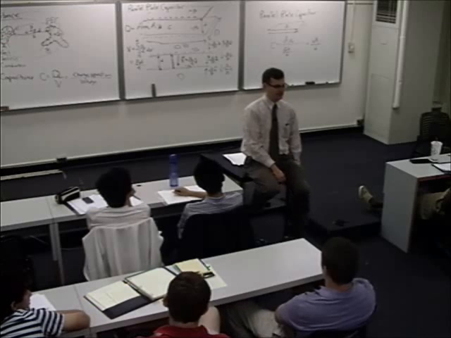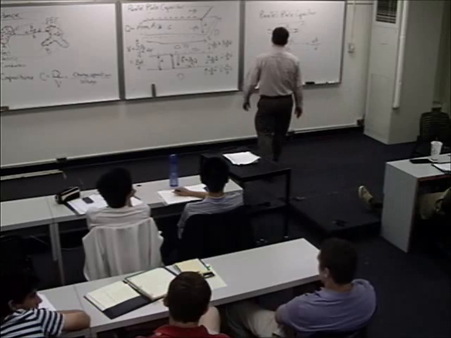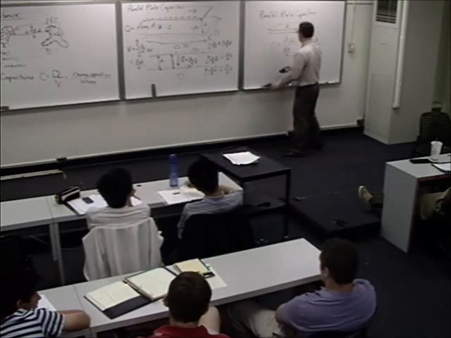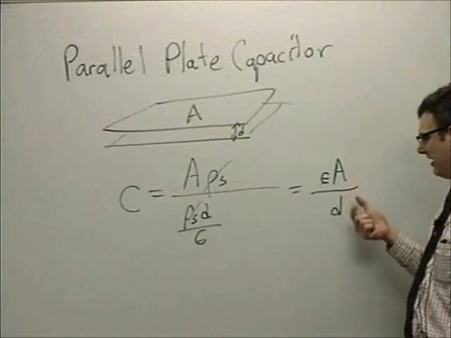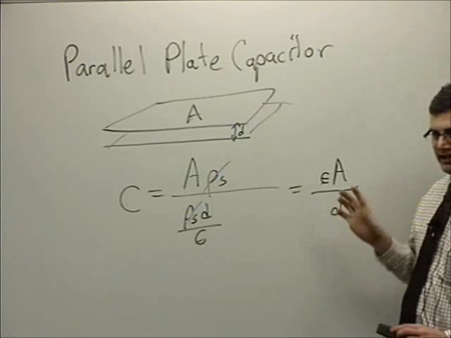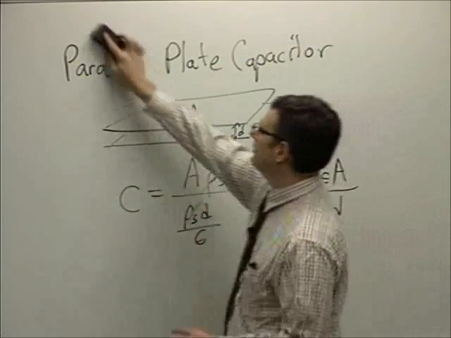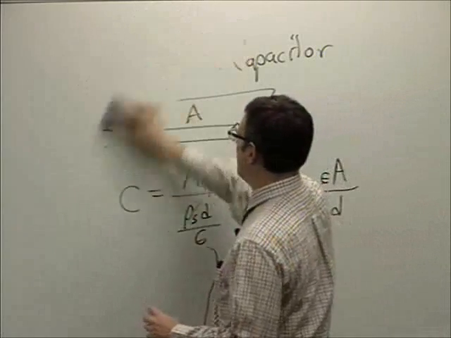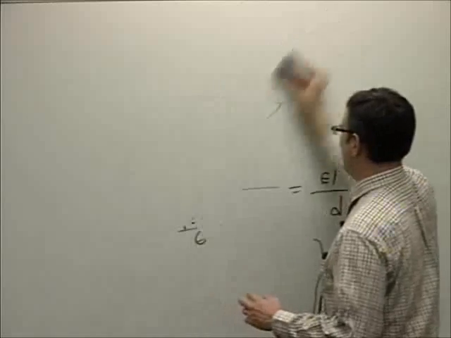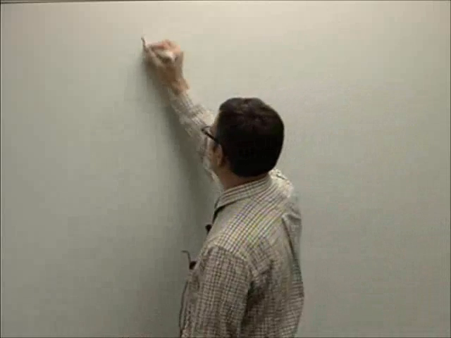There's another way to increase that, and that's to get this d really small. You can't really make paper that thin, so there's another technique used in electrolytic capacitors.